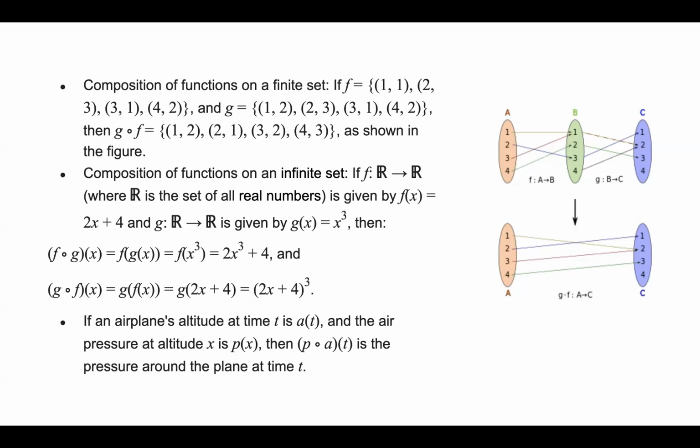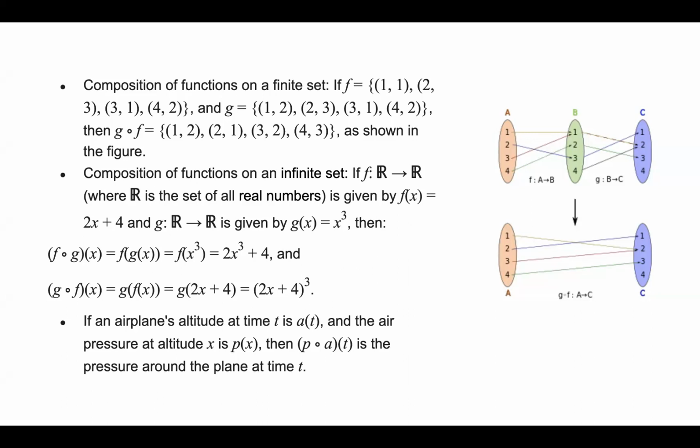Altitude is a function of time and pressure is a function of altitude. Getting f of g, or we can say x is related to y and y is related to z. Getting it or not? Yes.